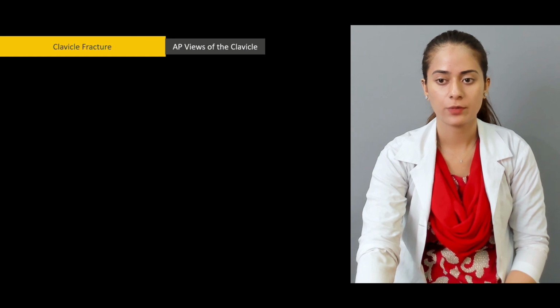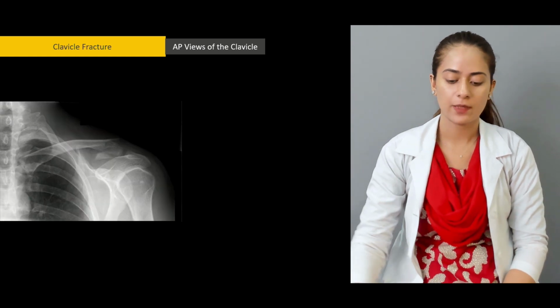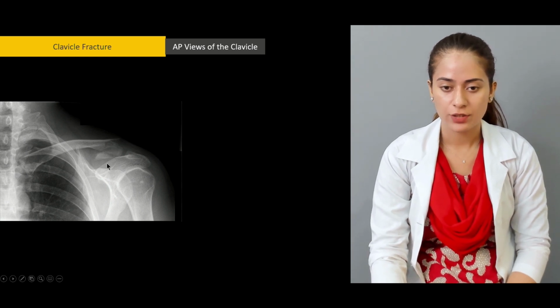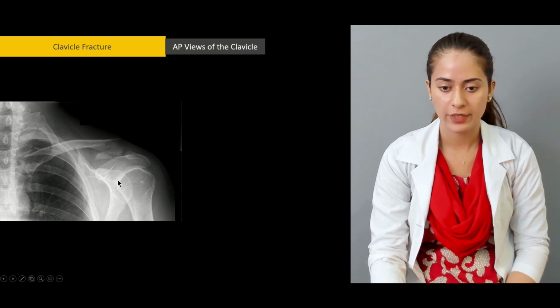So now we will talk about the clavicle. This is the AP view. This is the clavicle. It's a comminuted fracture, and this is the acromion, the humeral head, the glenoid cavity, the scapula here, the spine, and the spinous processes of the vertebral bodies. And these are the vertebral bodies.